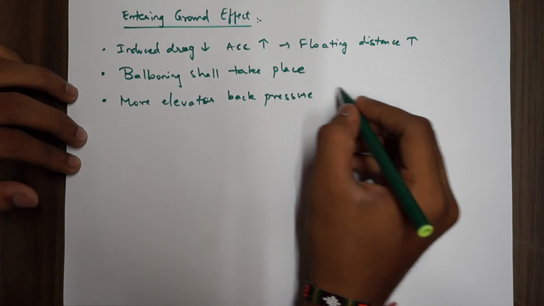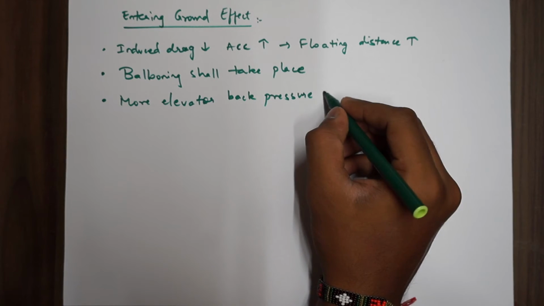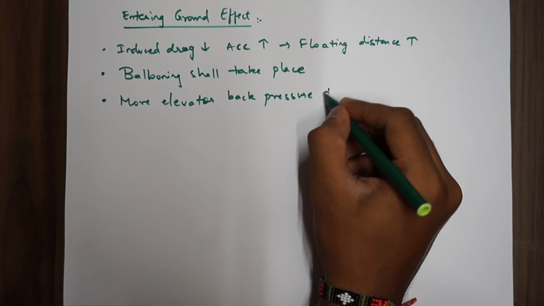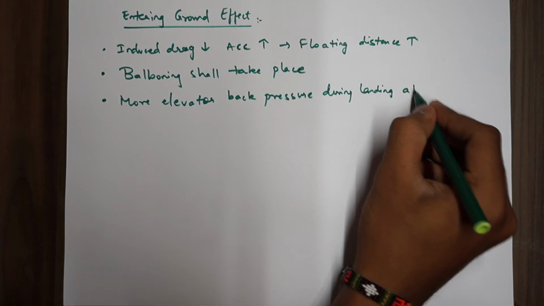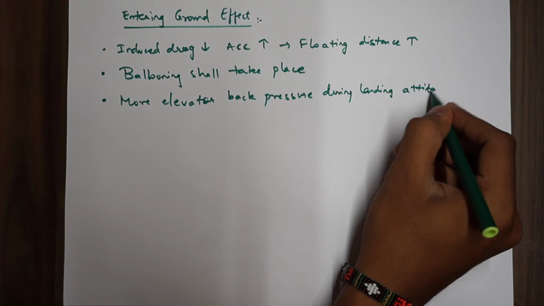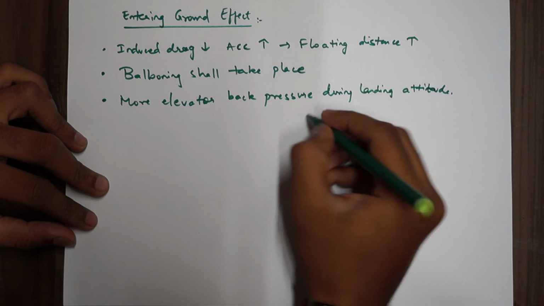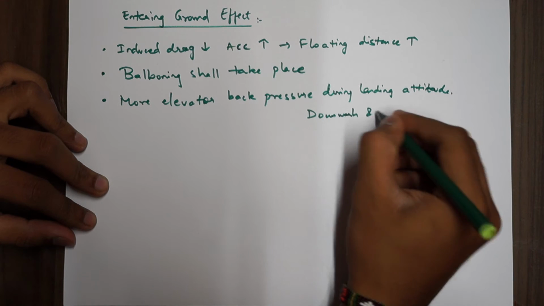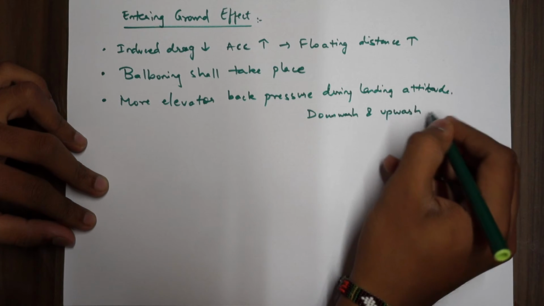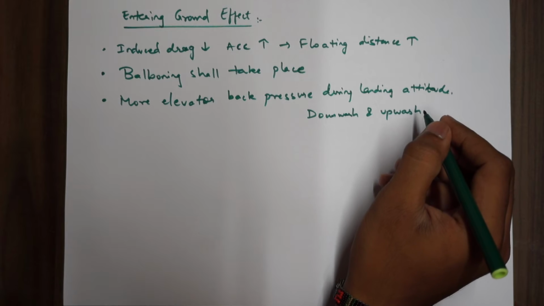Alright, so now why is more elevator back pressure required during the landing attitude? If you remember, we discussed that the downwash and upwash decrease when you enter ground effect.